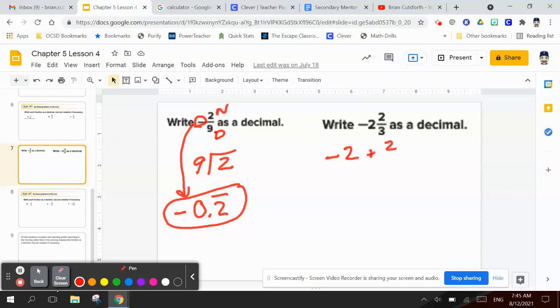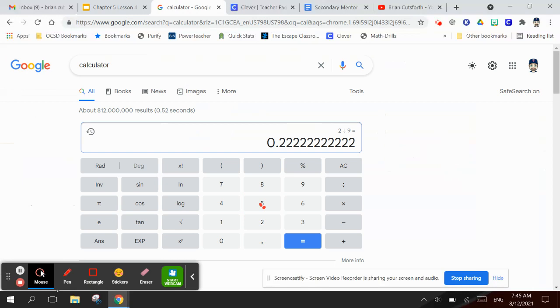Same thing with my -2 2/3 as a mixed number. -2 plus 2/3. So I'm going to use my decimal here. I'm going to take 2 divided by 3, my numerator divided by my denominator. I go to my calculator. 2 divided by 3 is 0.6666 repeating. What number is repeating? That would be the 6.